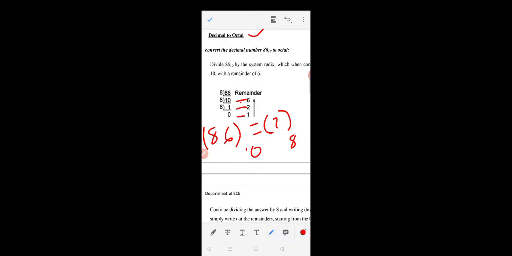So take the digits from bottom to top: 1 2 6 is the octal equivalent of decimal 86. You don't read it as one hundred twenty-six. If you read it as 126, you are wrong.